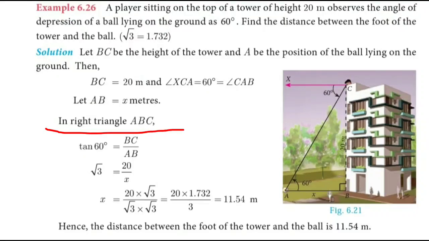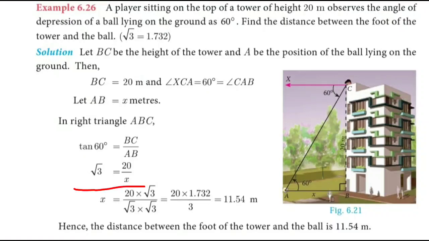In the right angled triangle ABC, tan 60 degree is equal to opposite side divided by adjacent side. Then tan 60 degree is equal to BC divided by AB.